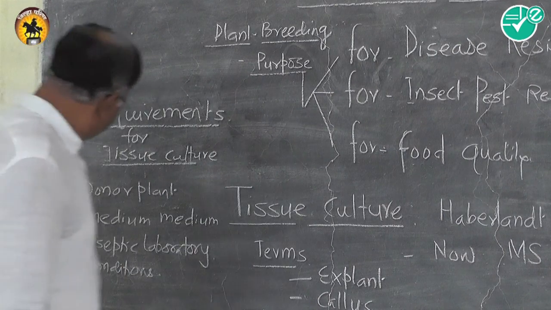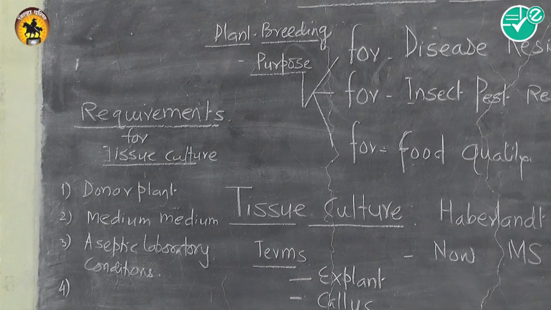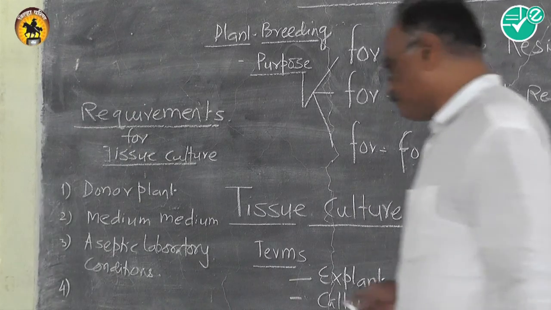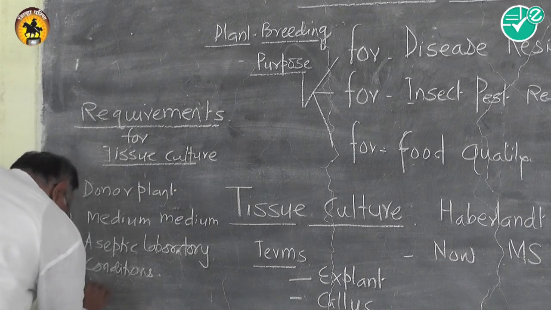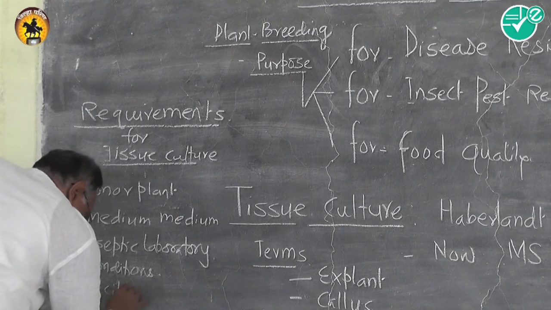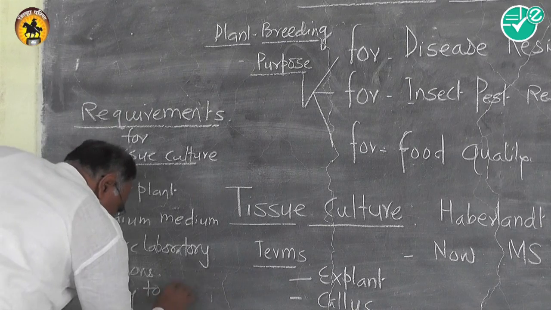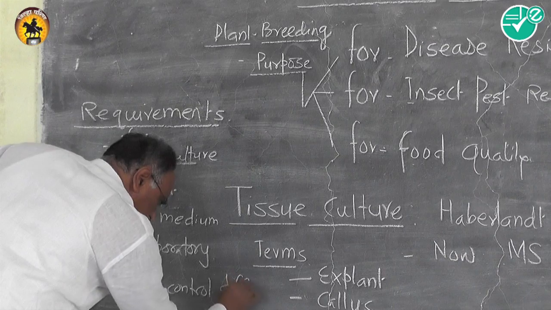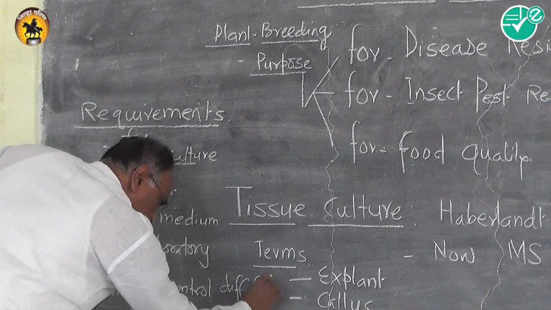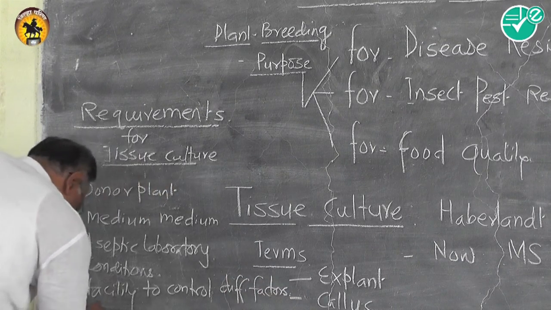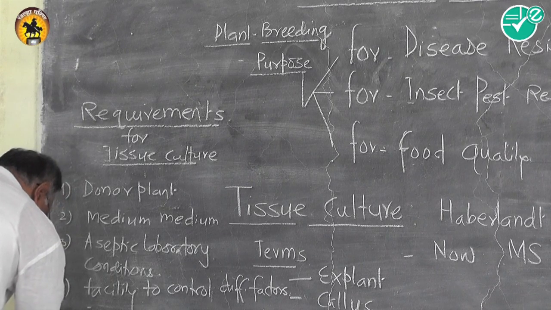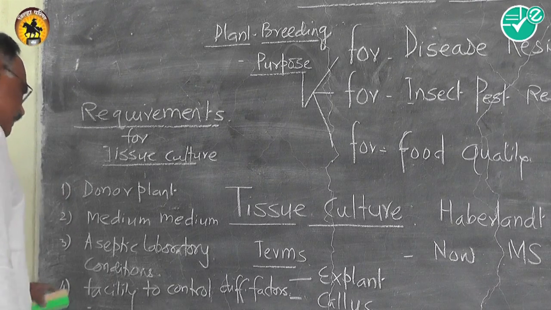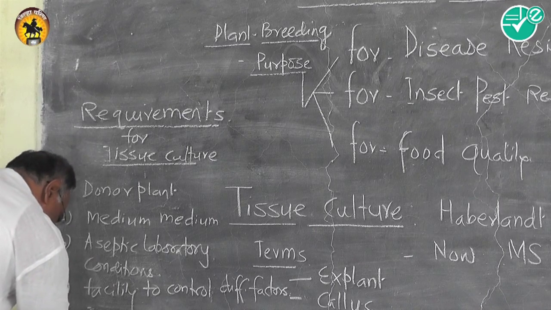One more is needed, and that is a facility to control different physical factors like temperature, and the growth factors.